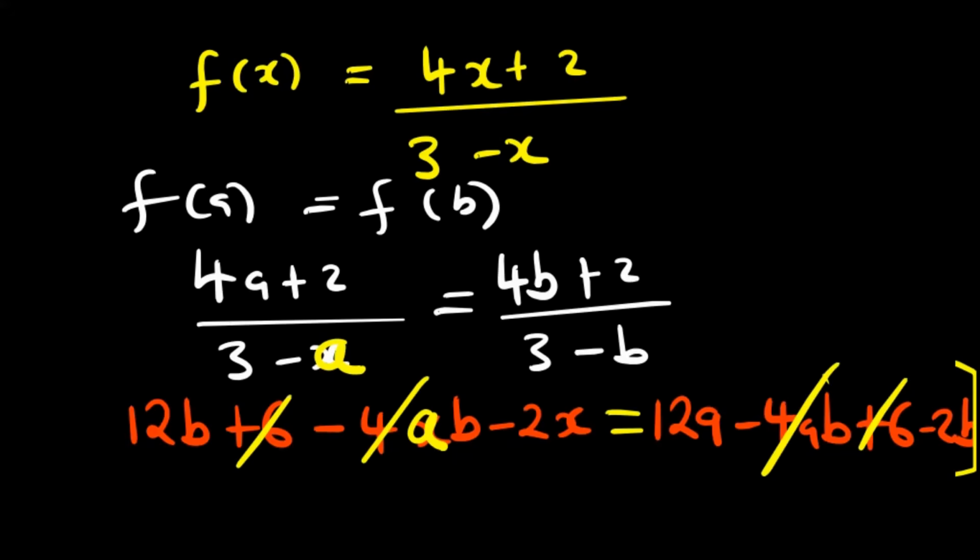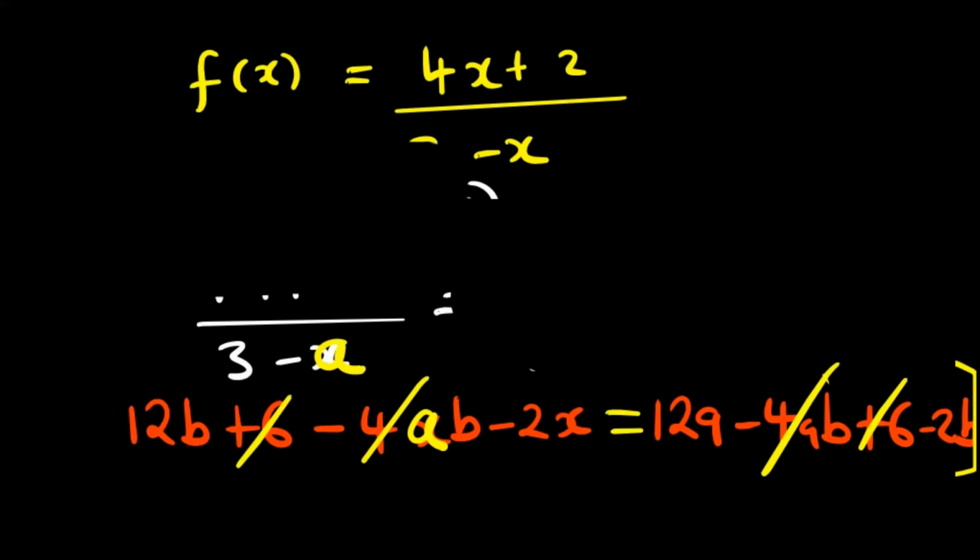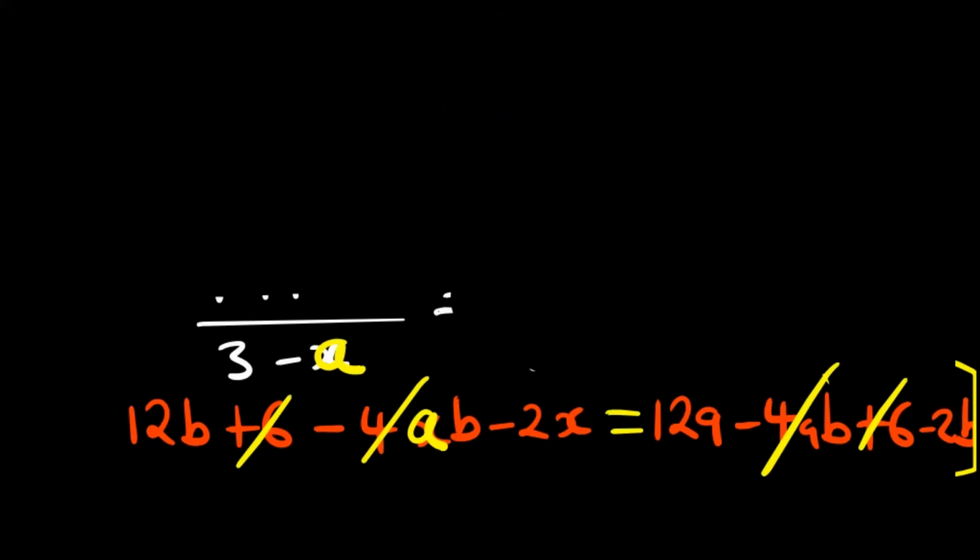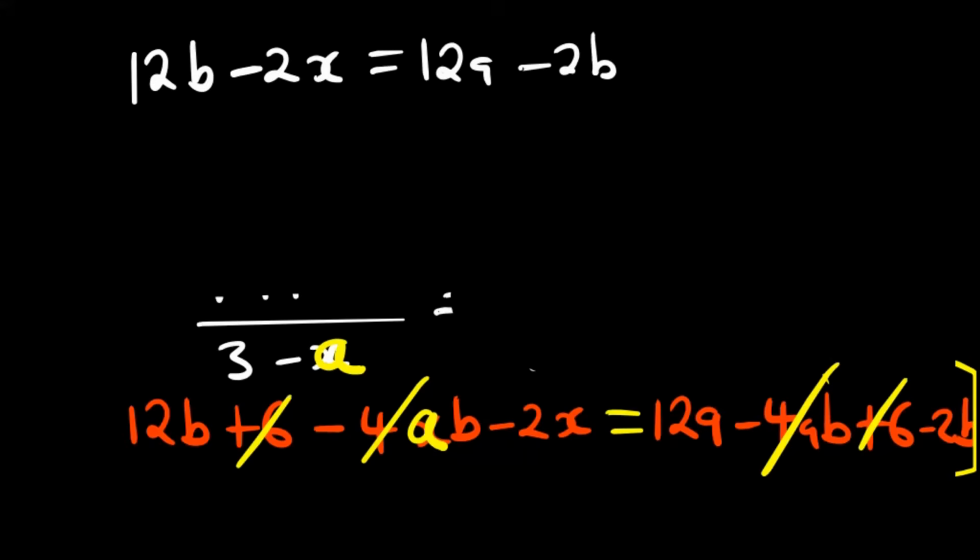So now, basically, what do I remain with? I've remained with 12b minus 2x is equal to 12a minus 2b.